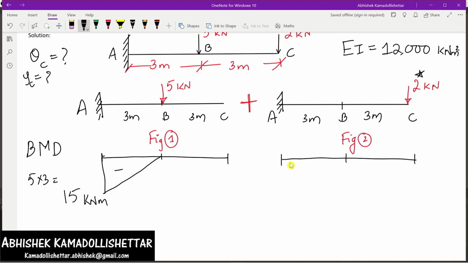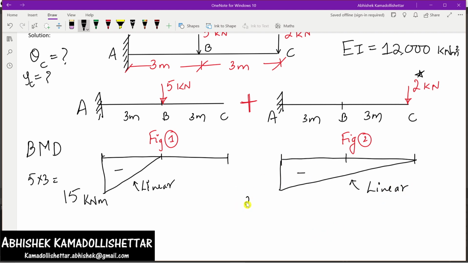So now the bending moment value will be 2 into 3 plus 3. Let me draw the nature of the bending moment diagram, which will be a linear part. So this is the linear part, again minus. I am doing it because in my diagram it may look a little bit curved.